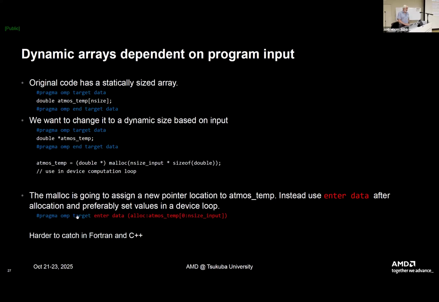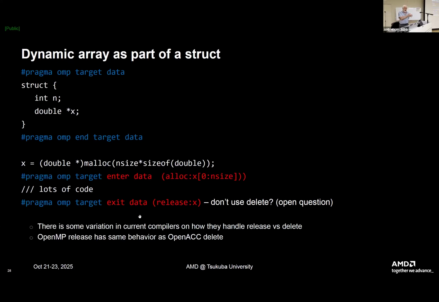So here it's showing the enter data alloc of that array, and it's preferable to set it in that loop on the device, but you can also set it on the host and copy it over. It's just hard to catch all these cases. And in some of the codes I worked with, you've got thousands of subroutines, and you're trying to catch all these issues. Again, you can imagine how the MI300A is going to make some of this easy. You don't have to worry about the data part.